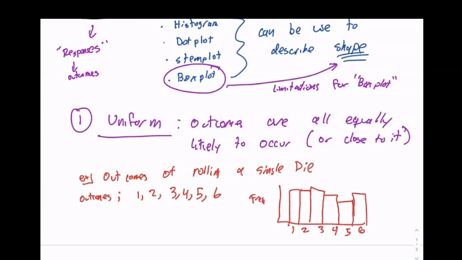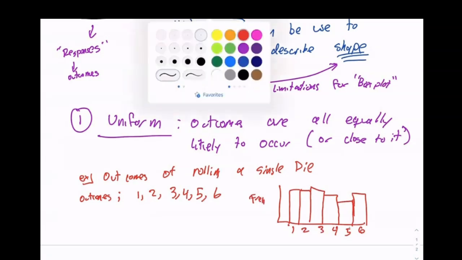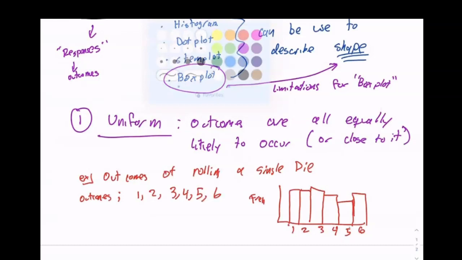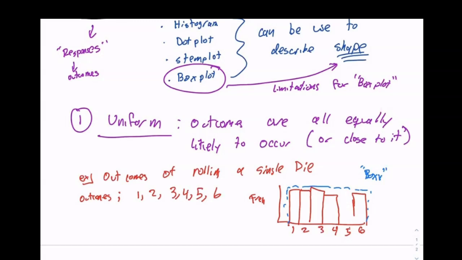We'll learn how to draw histograms and stuff like that. This is not a bar graph, but if you look at this representation, it's very boxy, right? When we get outcomes that are very boxy, we refer to this as uniform. And I know the outcome of the 5 is a little bit lower the way I've drawn it. It'll probably be a little bit closer to the top values.